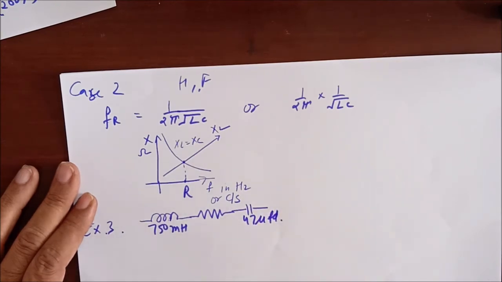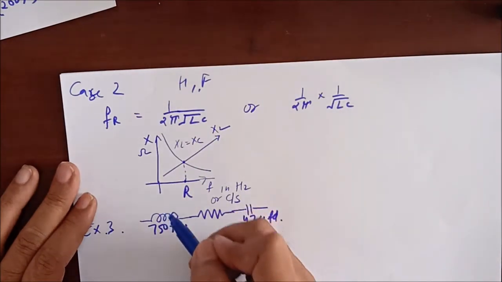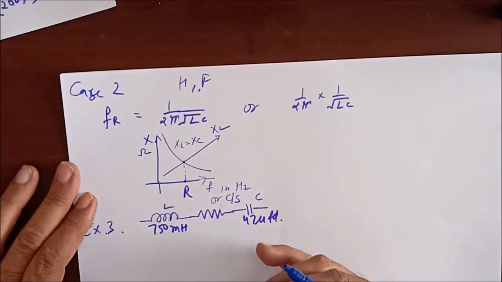One thing I will tell you, R has a negligible relationship with resonance. It has minimum effect on resonance. So the main parameters, if you see, we are dealing only with L and C. The R value we can omit in the resonance case.